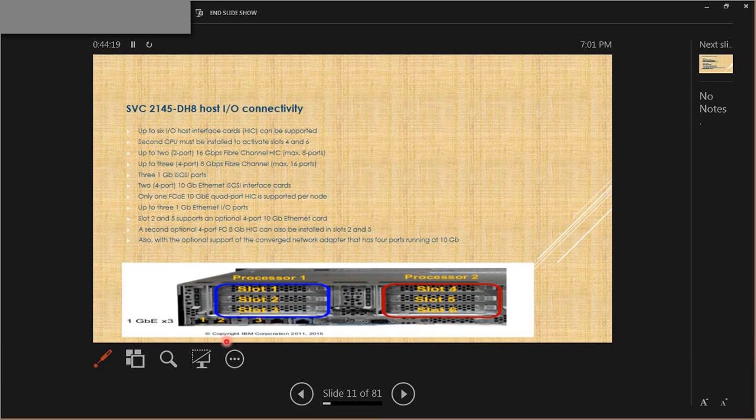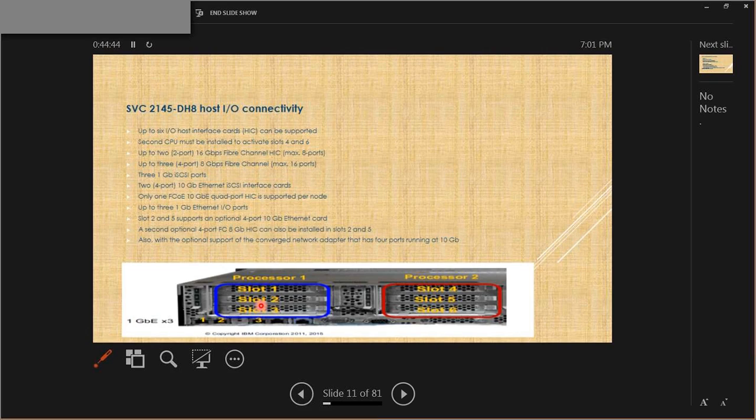Now for 10 Gbps I2V connectivity, you can have a total of 2 host interface cards. When I'm talking about this configuration, I'm talking about the maximum capability, the maximum number of ports. Now, if you want a different permutation and combination where you want both fiber channel as well as I2V, then you will have to limit it because we have a limitation in terms of the number of host interface cards that we can connect here.